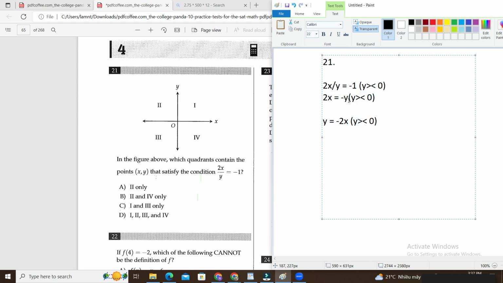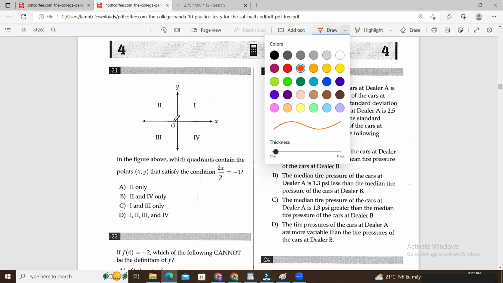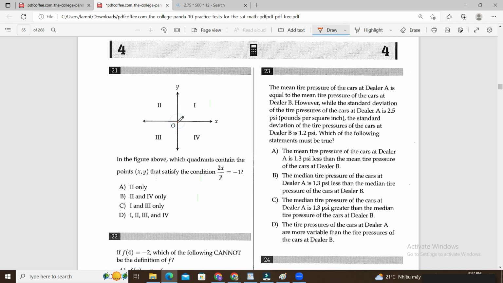That line has a negative slope. The line is going to go through (0, 0), and when x equals 1, y is going to equal -2, so it's down here. The line is going to be something like this.